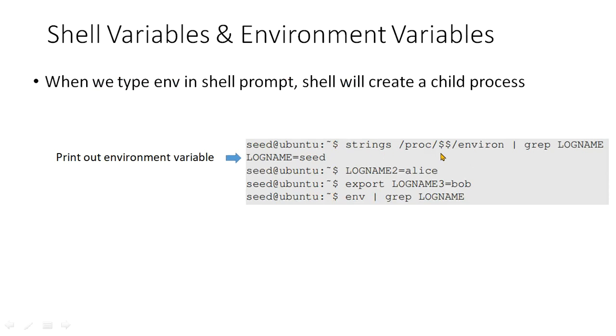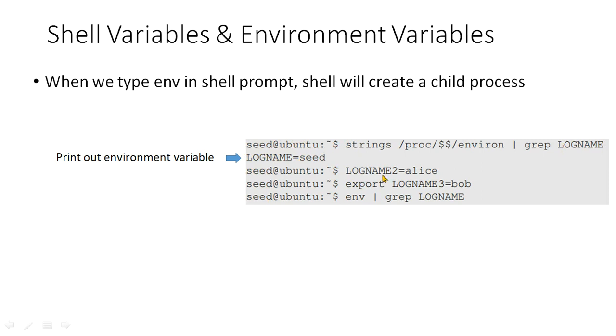We use proc $$ environ here to display the environment of the current shell, the parent shell. We only display the LOGNAME variable. So we see LOGNAME is seed, which is the current user. And now we are in the parent process.